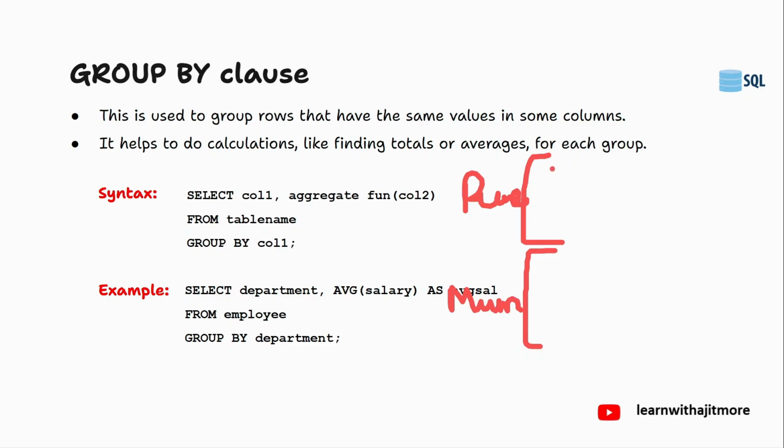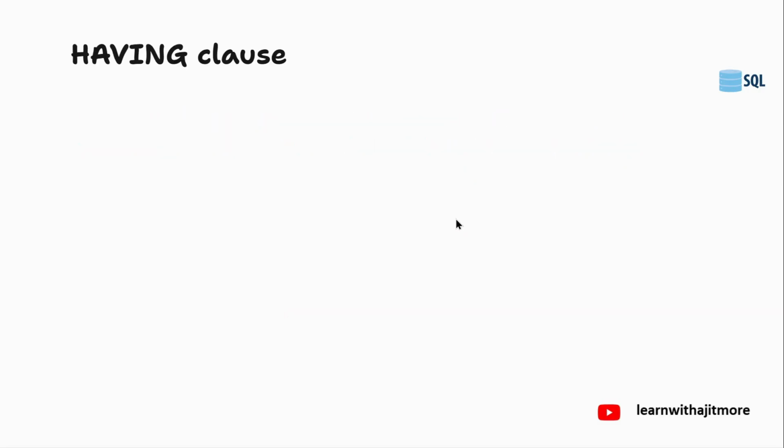And then in each city, again further groups on what basis? Department. And then how many employees are there in each department, that count is shown. Understanding? So it has applied aggregate on each subgroup and subgroup within that main group. So this way, multi-column grouping can also be done.